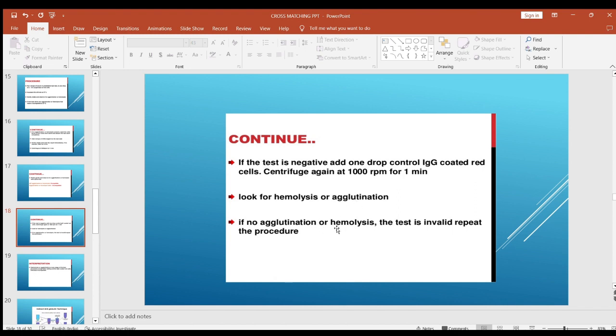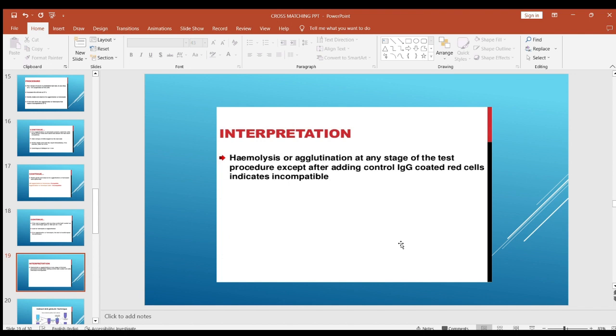If there is no agglutination or hemolysis, the test is invalid and the procedure should be repeated. It's the interpretation: hemolysis or agglutination at any stage of the test procedure, except after adding control IgG coated red cells, indicates incompatibility of the blood cells.